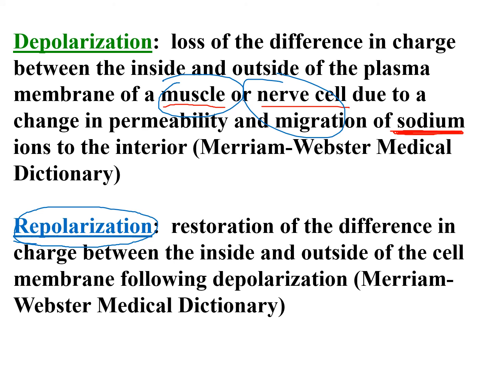And so when you see those two terms, just remember it's due to charge changes that take place across a cardiac muscle membrane due to sodium movement. We're going to be talking about depolarization leading to systole or contraction in the heart. And we're going to use the term repolarization to describe the events that lead to diastole or relaxation of the chambers of the heart.